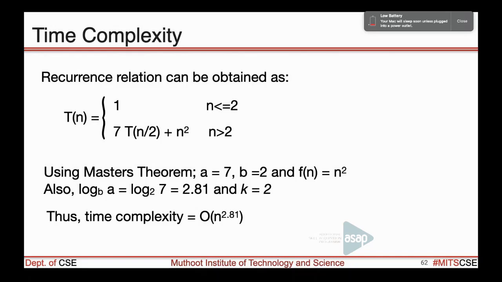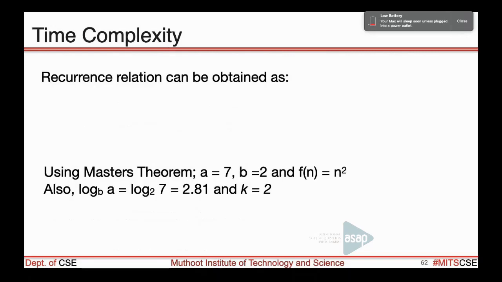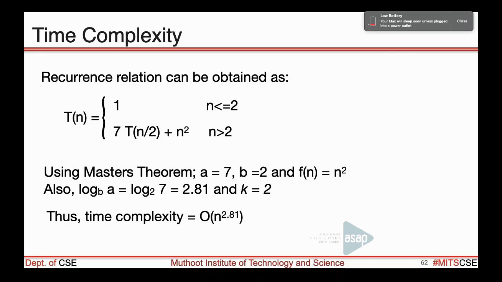So Strassen's multiplication actually reduces the time complexity. What about the space complexity? Yes, we need extra space to store items, so space complexity is increased.